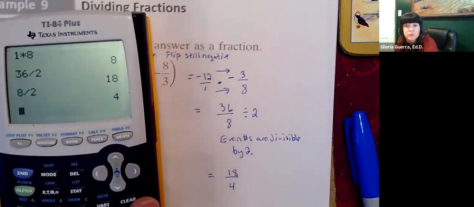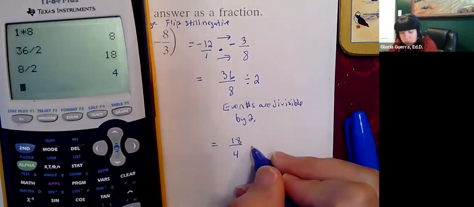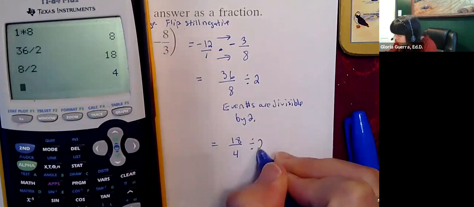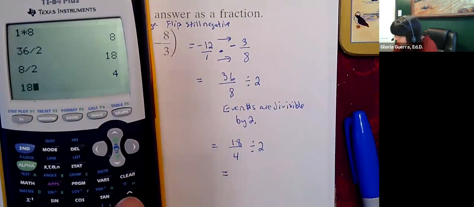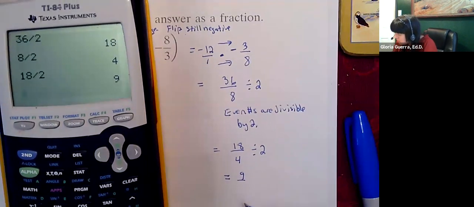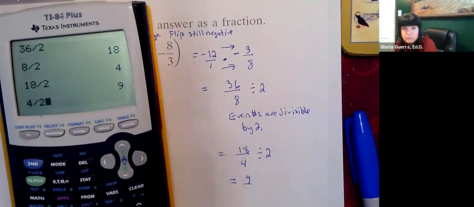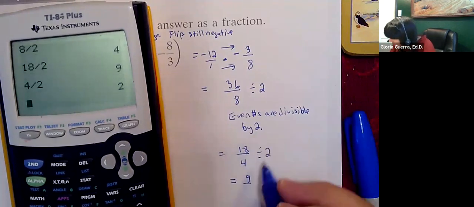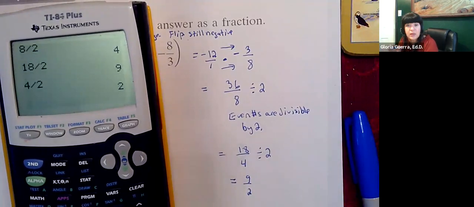And again, even numbers are divisible by 2, so we can reduce that again by 2. 18 divided by 2 is 9, and 4 divided by 2 is 2. So it looks like that's 9/2.